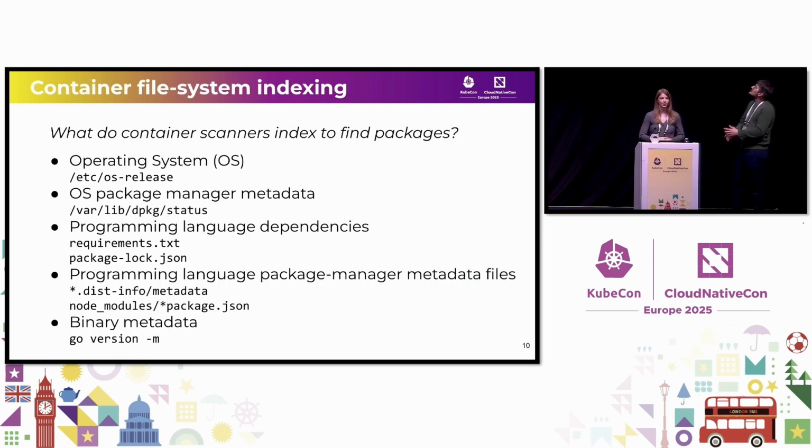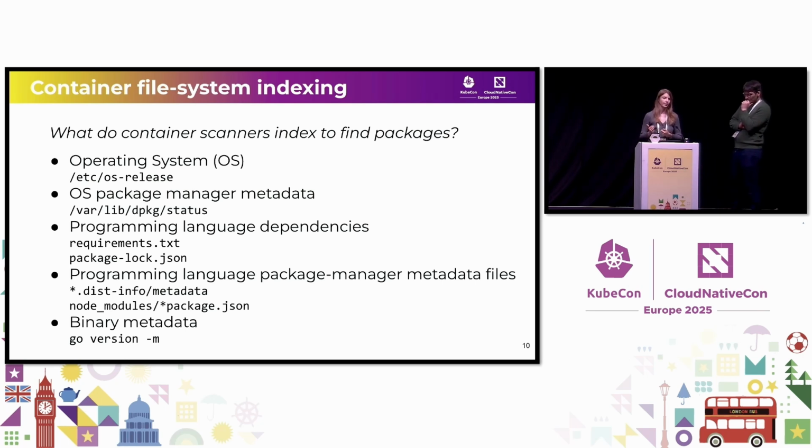We can wonder which files are actually indexed to find those packages. There are different kinds of files corresponding to different types of packages. First, we have the operating system, which is mostly explicitly written in a file, like etc/os-release. It can be different files depending on the distribution and on the operating system. Then we have the packages installed via the package manager of the OS.